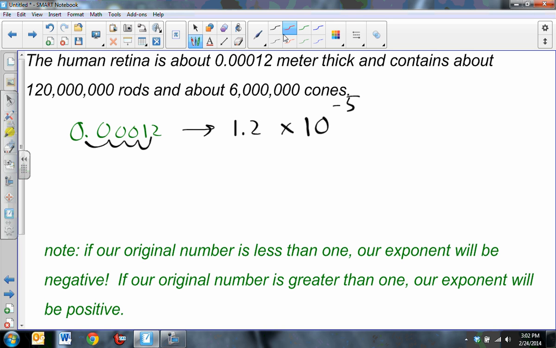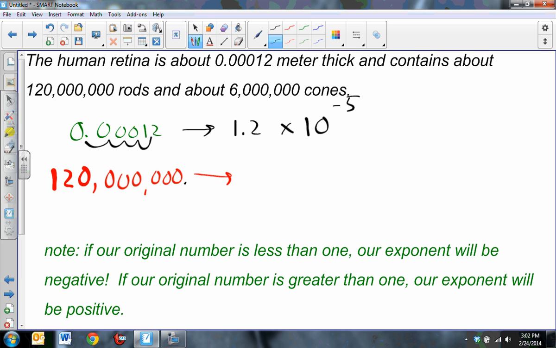The human retina contains 120 million rods. So let's write that down. Whoops, I got the thicker marker on mistake. 120 million rods. All right, can you see where the decimal place is now? If you're thinking it's at the very end, you're absolutely right. So we've got a decimal place at the end here. Now we have to move it left until we get to a number that's between 1 and 10.